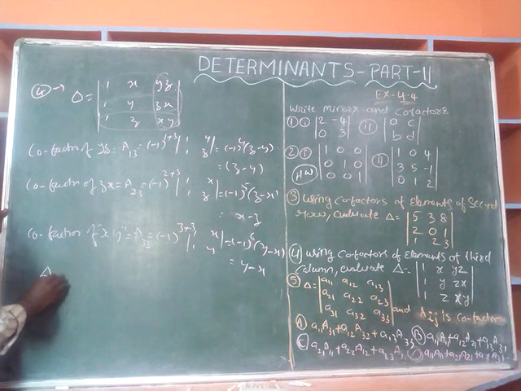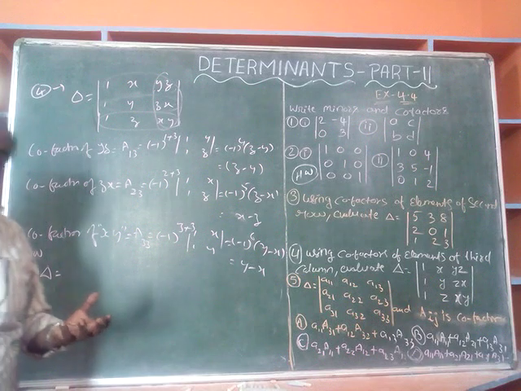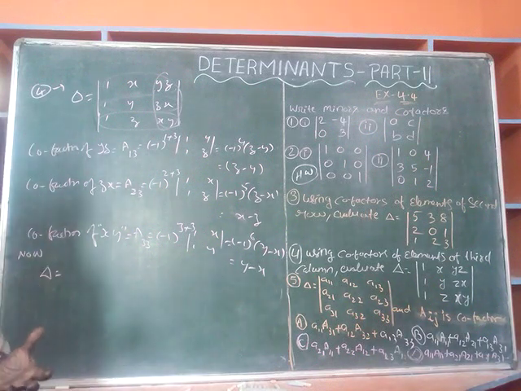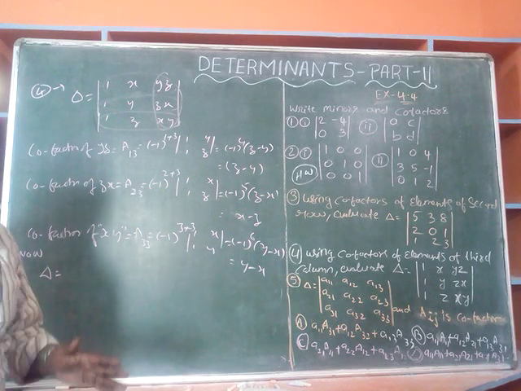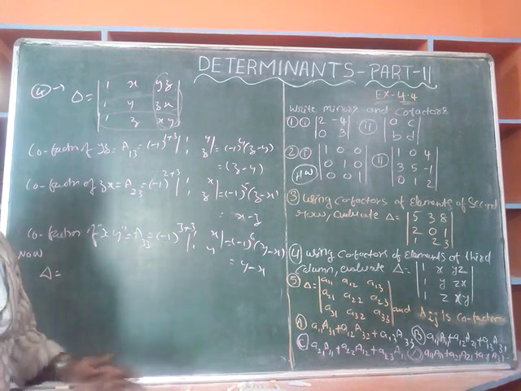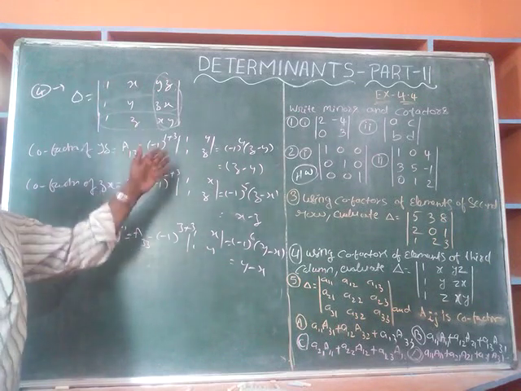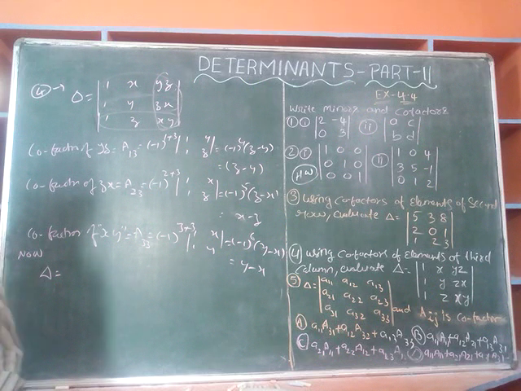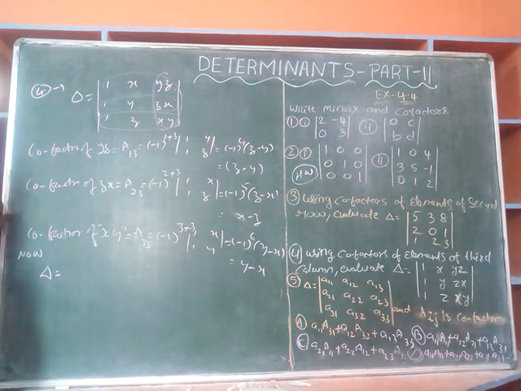Now delta is equal to, as I already explained in the definition, the determinant of a 3 by 3 matrix is the sum of products of all elements of the third column with their corresponding cofactors.